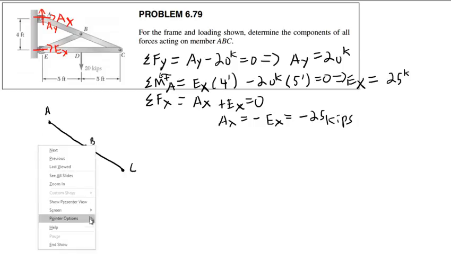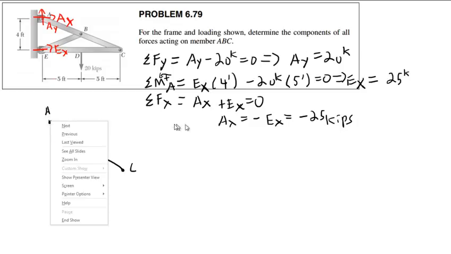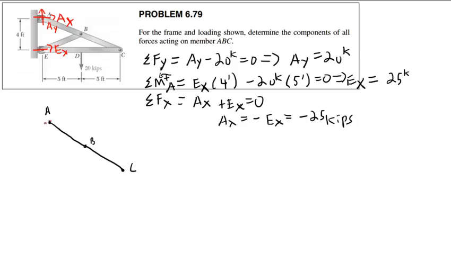Now, let me show the forces on here. The forces are going to be the AX here, which is actually negative 25 kips, so to the left, 25 kips.